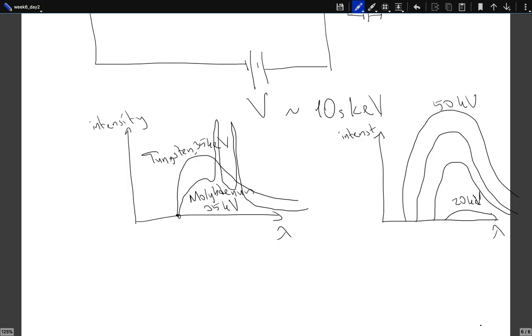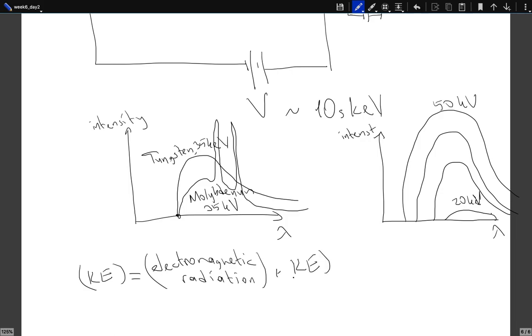Now, in this particle nature of the electromagnetic radiation, that feature is easy to understand. You see, the electrons have a kinetic energy. And then when you send them in, part of that kinetic energy will go into electromagnetic radiation, and part of it will still be the remaining kinetic energy of the electron.